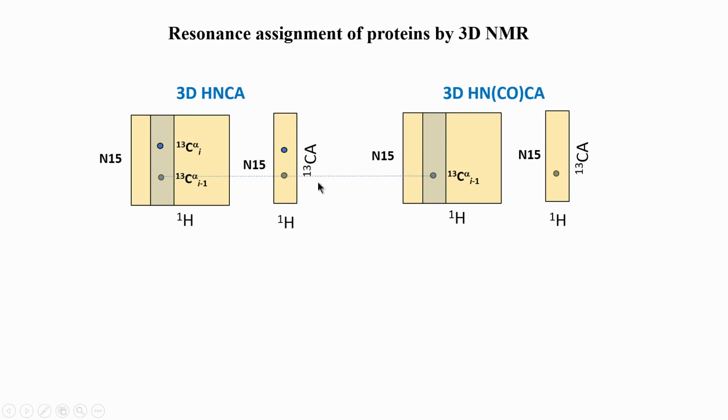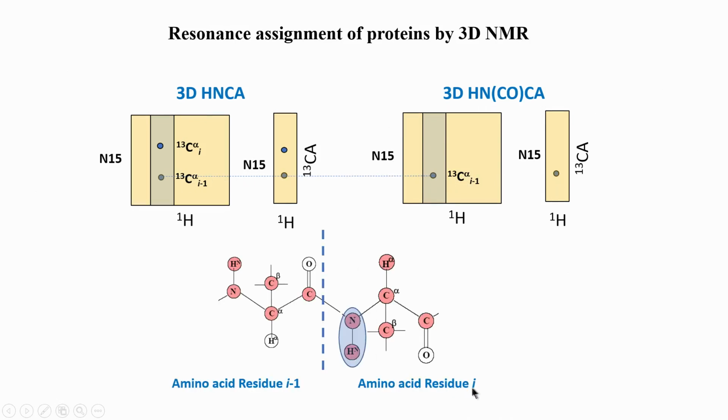This is a strip version of the 3D, where for a given pair of N15 and proton chemical shift, that means for a given amino acid, remember these two combination represent one amino acid, we got 2 chemical shifts, whereas in HNCOCA we got only one chemical shift for a given N15 proton pair, and that corresponded to the I minus 1. This is shown here in the diagram. For a given amino acid I, we got correlation to C alpha I and C alpha I minus 1 in the HNCA, but in HNCOCA we got only I minus 1.